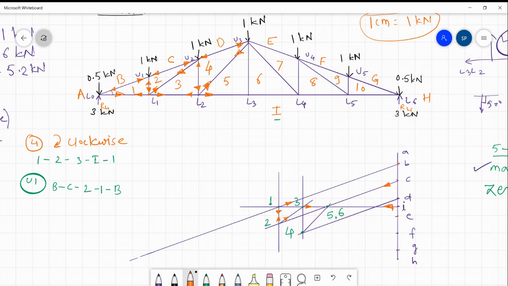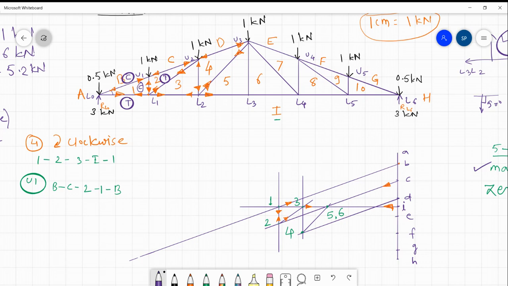What nature can you see here? Wherever you are getting this nature, meaning member force away from the joint, this indicates tension. And wherever the member force is pushing the joint, this indicates compression. So 1 to 2 it's compression, then 2 to 3 it's tension.